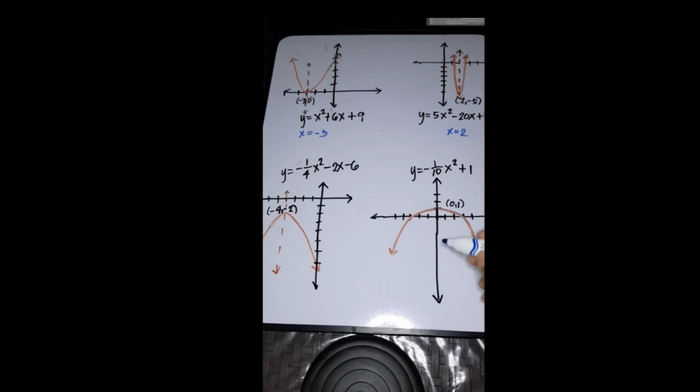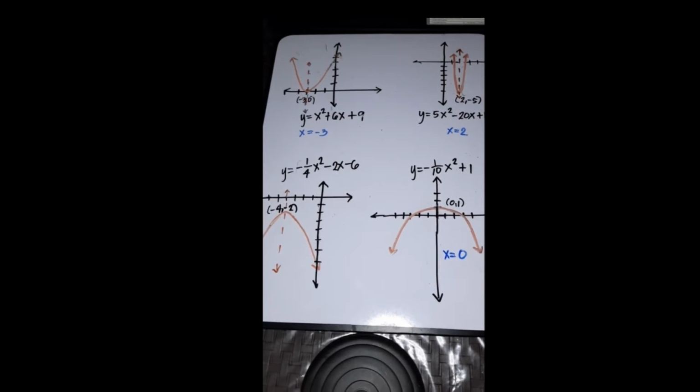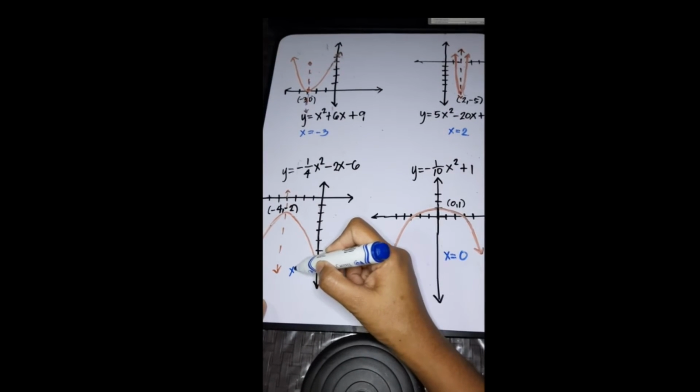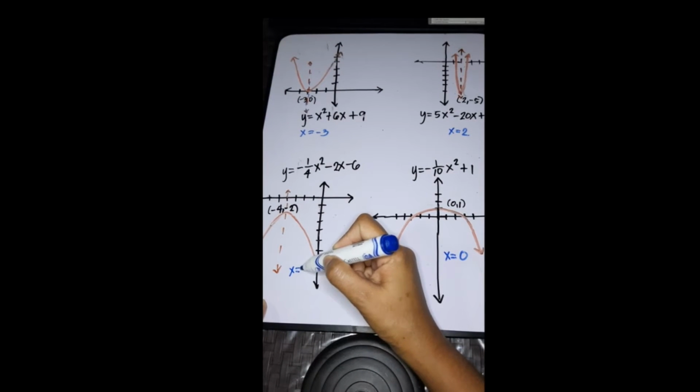So therefore, the equation of the axis of symmetry is x is equal to 0. While in this function, y is equal to -1/4 x squared minus 2x minus 6, the equation of the axis of symmetry is x is equal to -4.